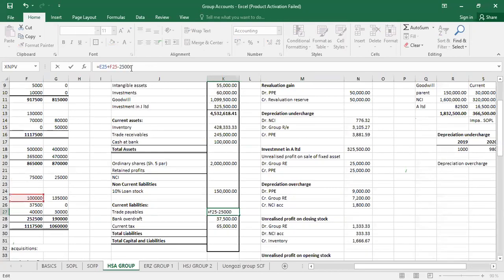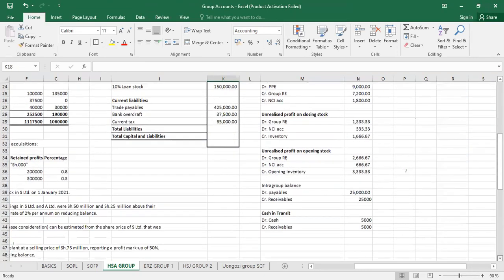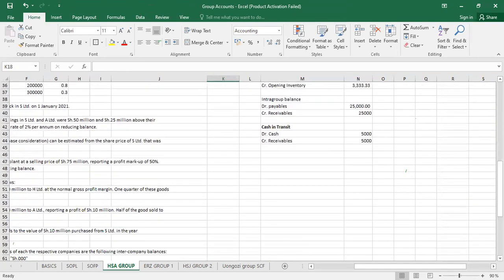Then trade receivables are also less 25, and I also less 5,000, the cash in transit, while the cash in transit I'll add back to cash at bank, plus 5,000, isn't it? So we continue.